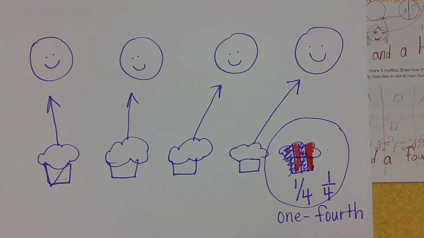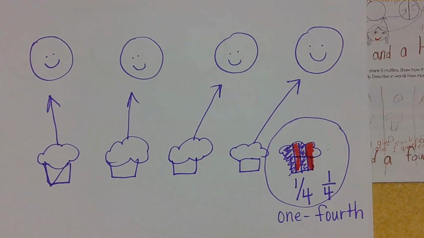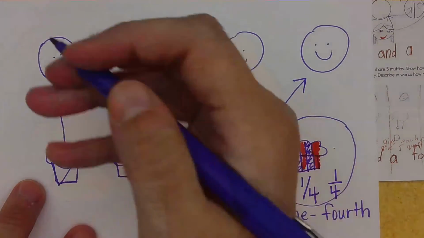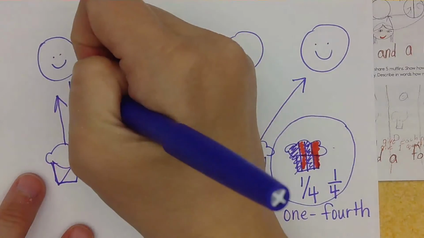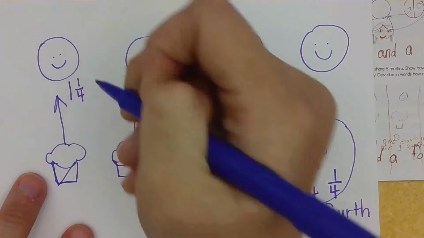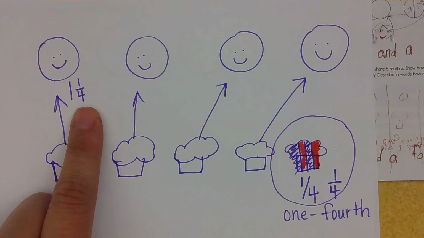So if each kid gets 1 whole muffin, and then there's this last one left over, if I divide this muffin into 4 pieces, I can share 1/4 with each of the kids. So each child is going to get 1 whole muffin and 1/4 of a muffin. So this says 1 and 1/4.